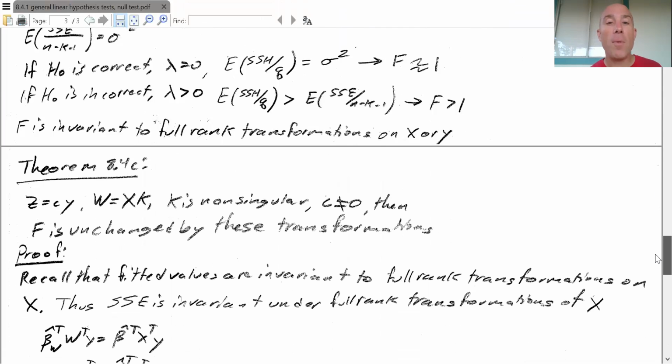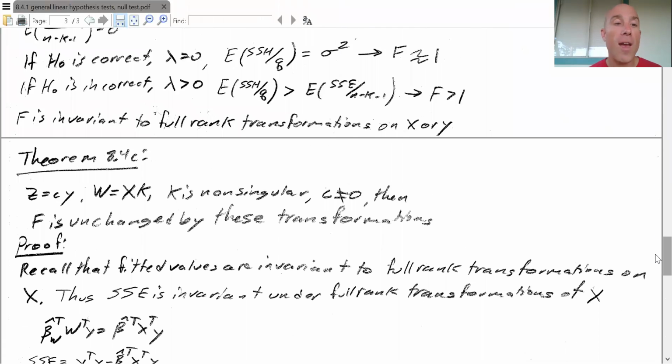All right, now something that is very nice for us is that F statistics are invariant to full rank transformations on X and Y. That means I can do full rank transforms all I want, let's say with PCA, or if I want to rescale, that's perfectly fine. My F statistic stays the same. So here's a theorem.